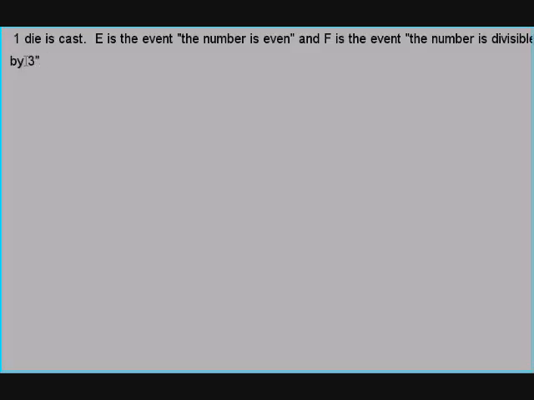Now, 2 parts to this. Part A, we want to find the probability of E intersect F. And part B, we want to find the probability of E union F.